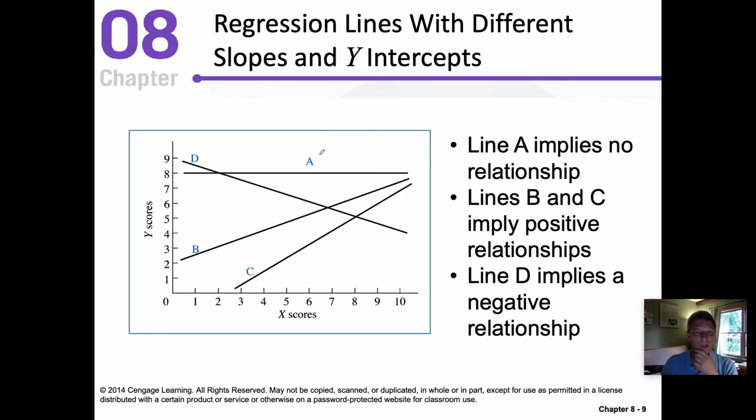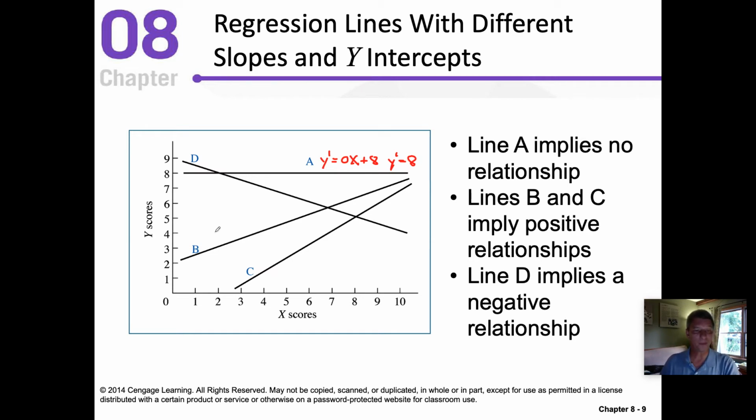And so in this case, the formula would be y prime equals 0 times x plus 8, or simply y prime equals 8. No relationship. It doesn't matter what the x score is, the y score is 8.